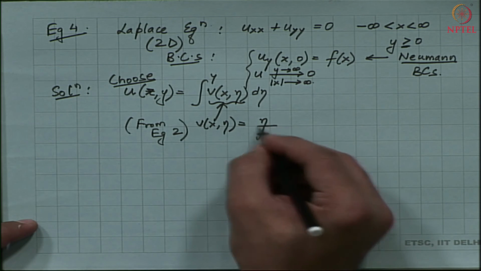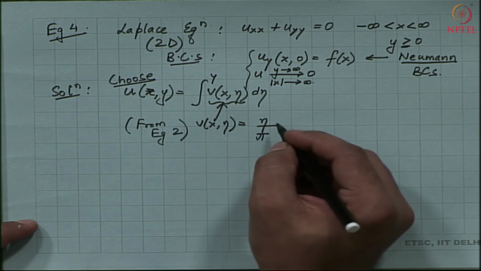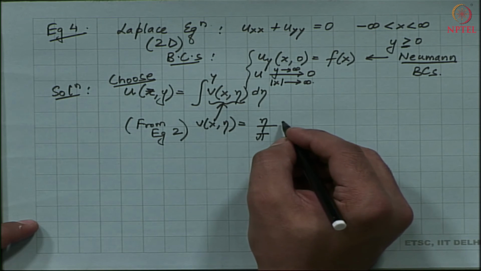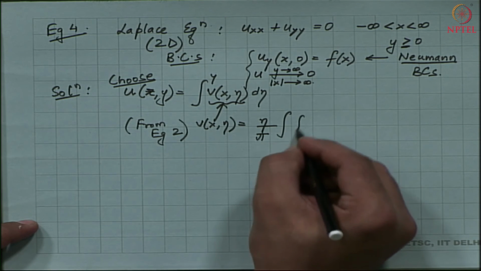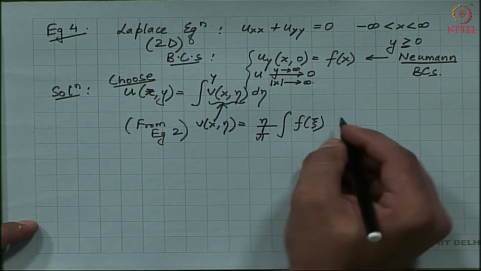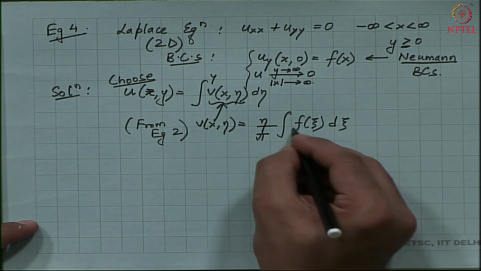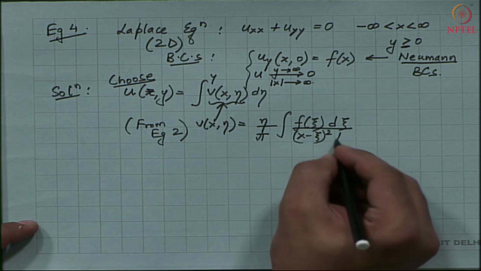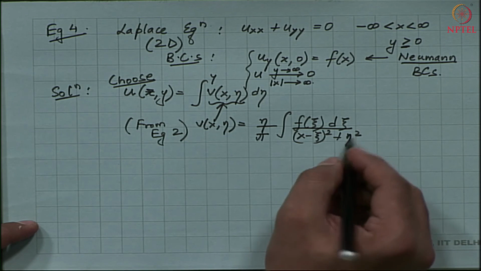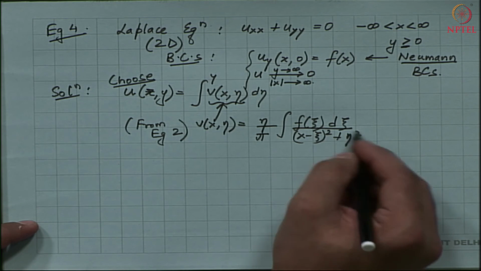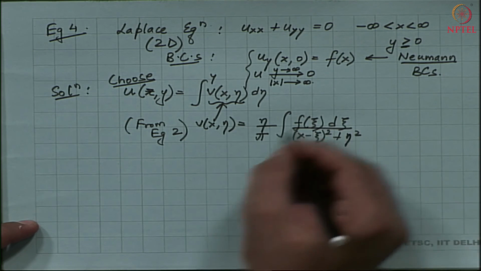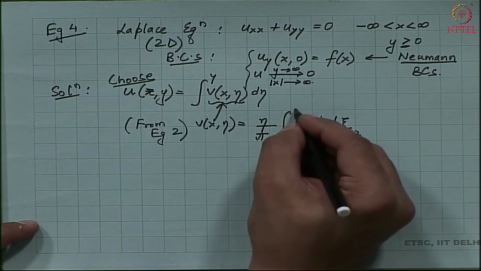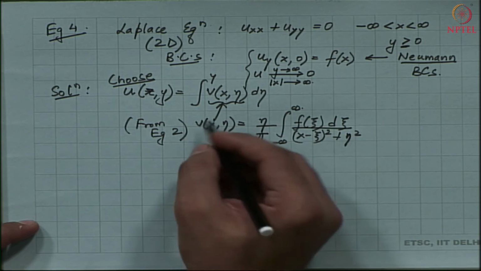So I get that v of x comma eta is eta by pi integral f of zeta d zeta divided by x minus zeta square plus eta square. So notice my variable y is replaced by this variable eta in the previous example. Okay.